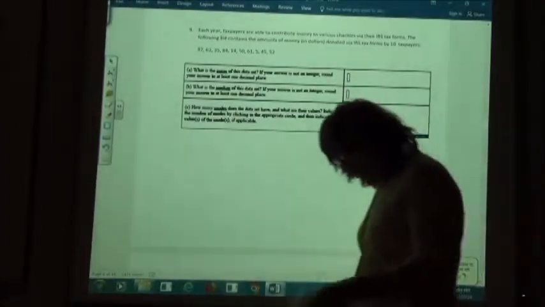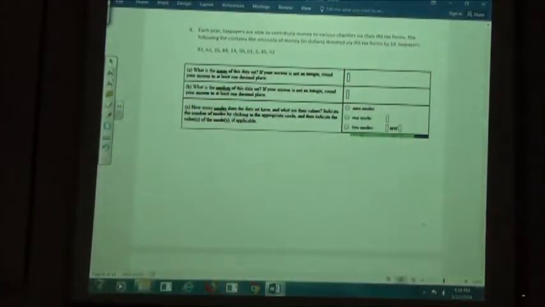All right, number 9. We are going to do the mean first. So on number 9, we are going to add them all up and divide by how many of our numbers are on my list? 10 in this case.